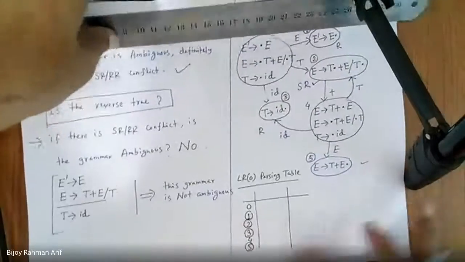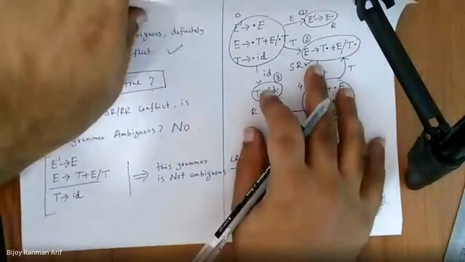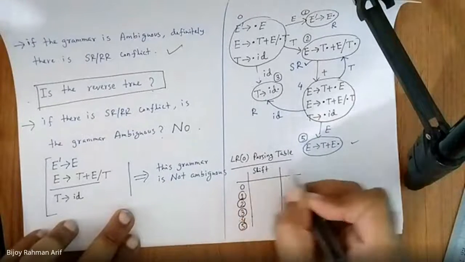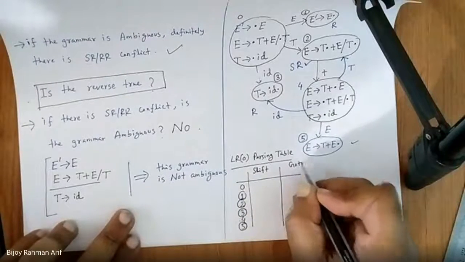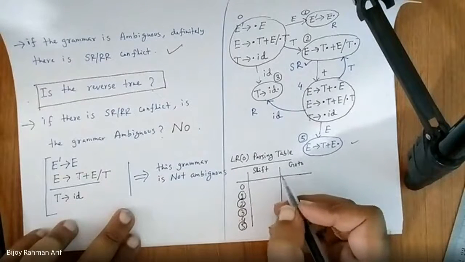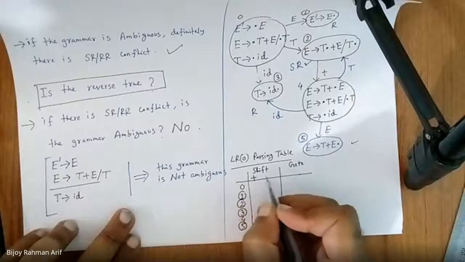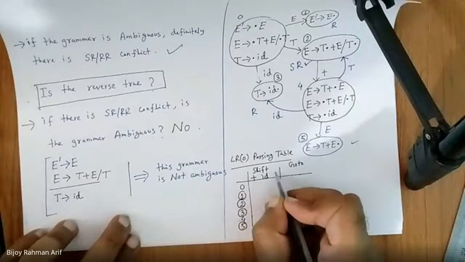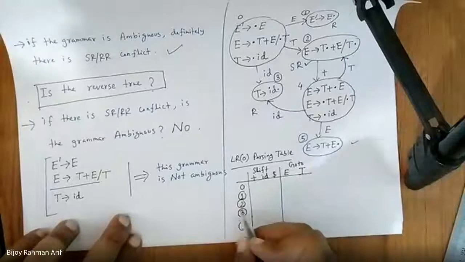One is shift, another one is go to. So we have shift on plus and ID and dollar. We have go to on E and T. So let's fill the table.